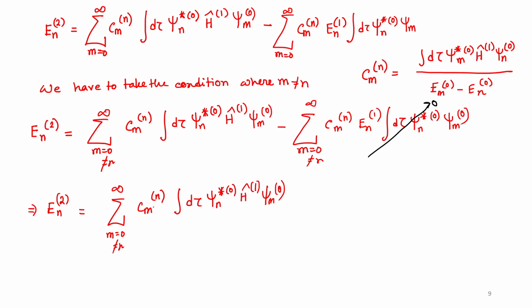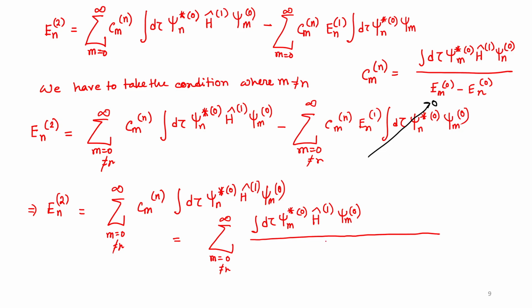And if we put the value of c_m from here, then we will get the summation m equals 0, m not equal to n, to infinity, another integral dτ ψ_m star zeroth. Oh, I have made a mistake, I guess.